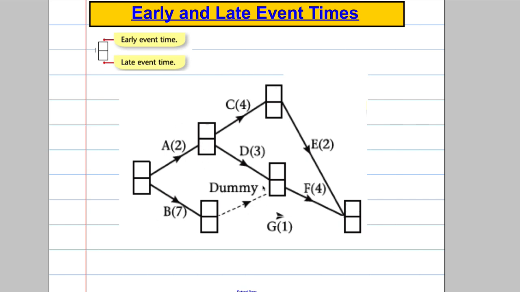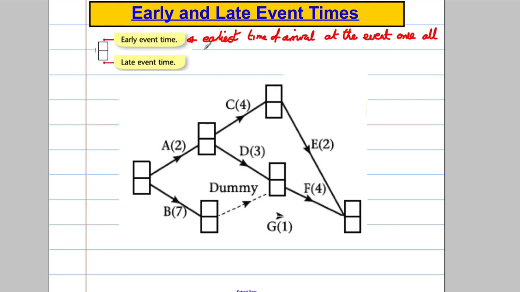So, firstly, the top box in any of this section means the early event time, and I'm going to write down what that means. So make sure you get a copy of this book. The early event time is the earliest time of arrival at that event once all the preceding activities are completed.